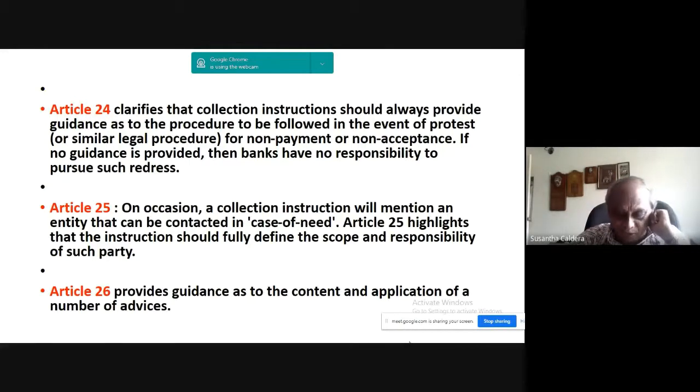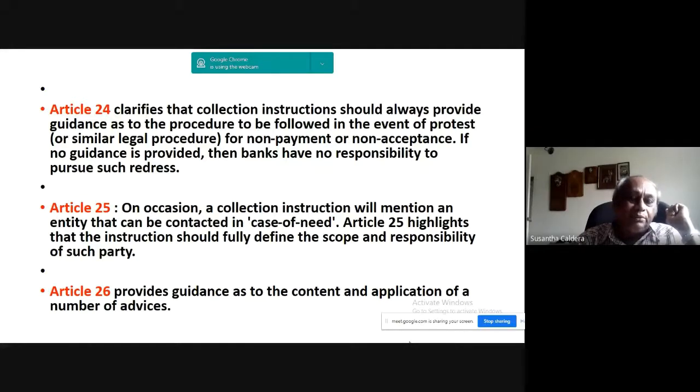So normally they give the full address that the exporter will give to the remitting bank, and the remitting bank has to relay the message. They have to insert everything in the collection order form, right? The answer is they have to give the contact details, right?